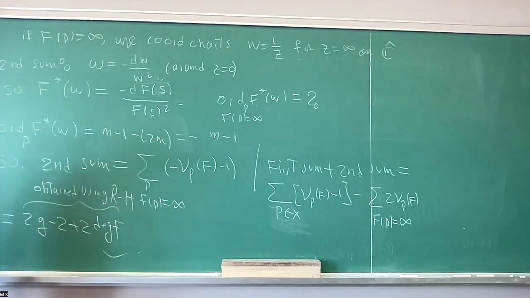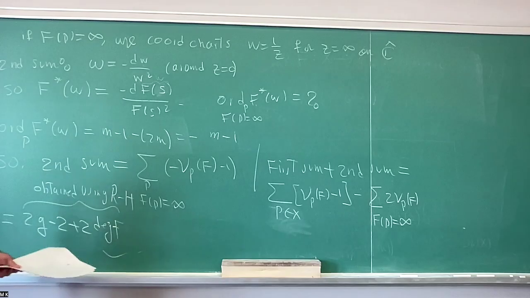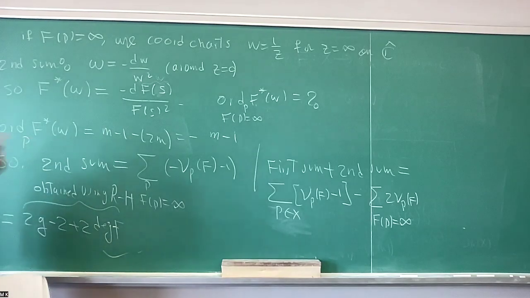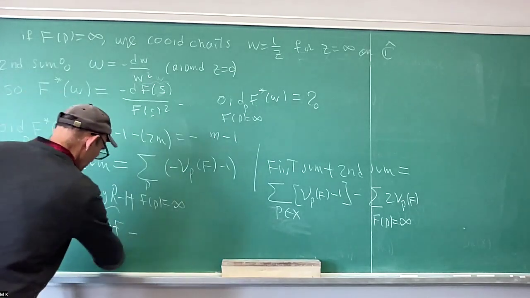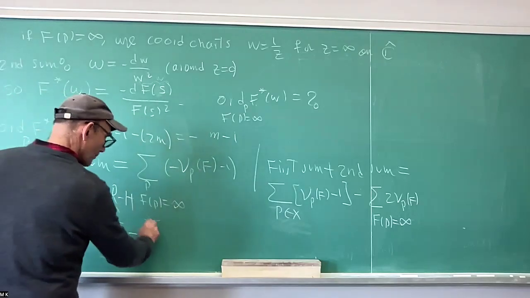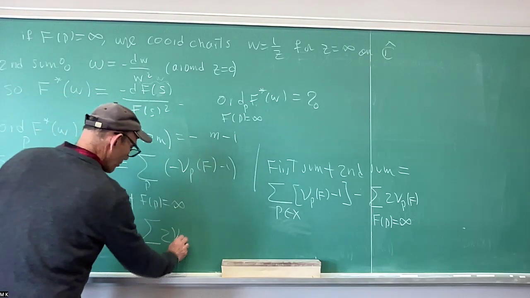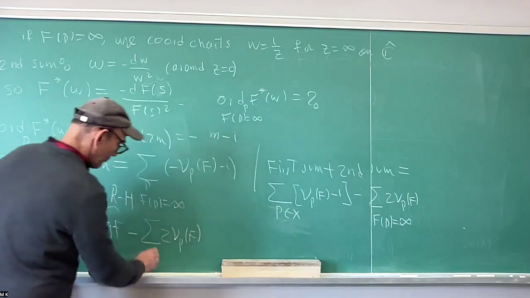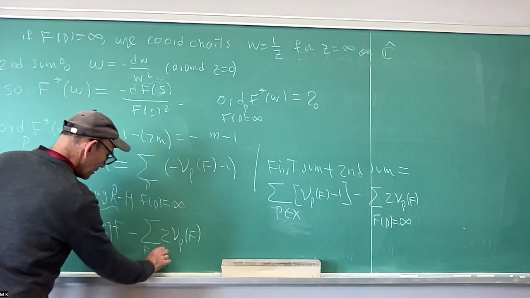This is the use of it now. So it comes out like this. But then there is that term, minus the sum of 2 nu p of f, f of p equal to infinity.